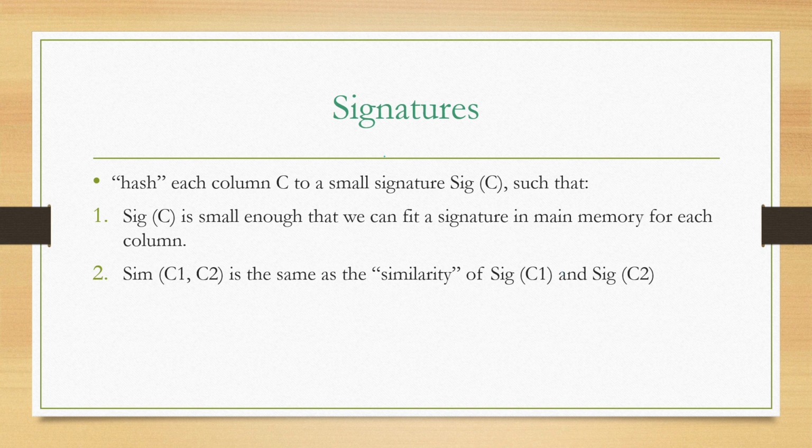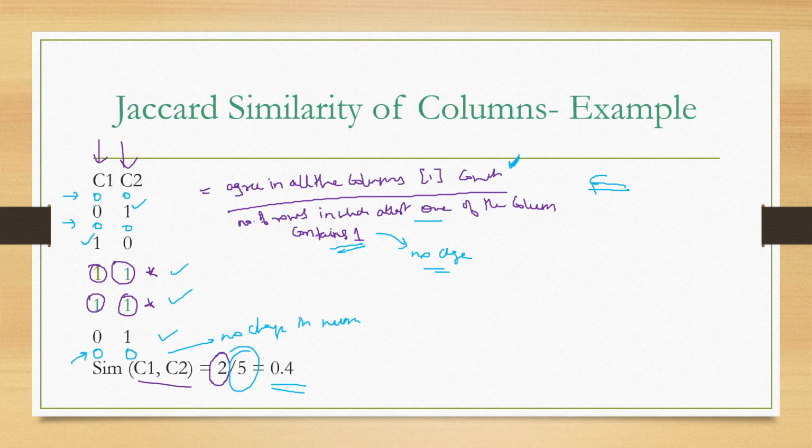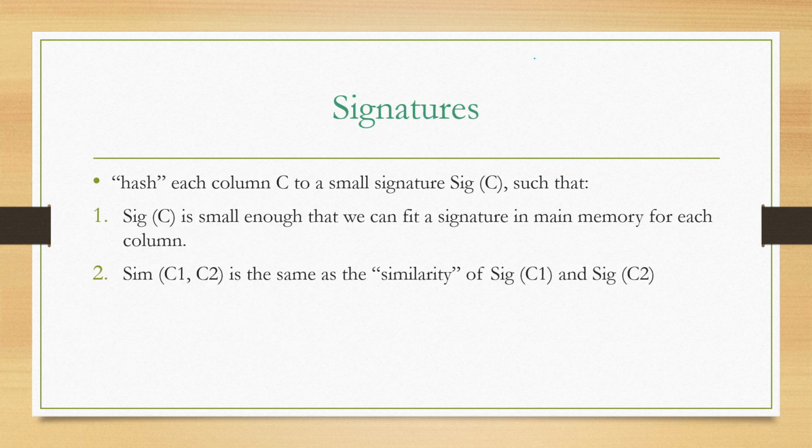Next, what are signatures? We are trying to hash each column to a smaller signature value. These documents may be very long, and we are trying to reduce each document into smaller signatures.